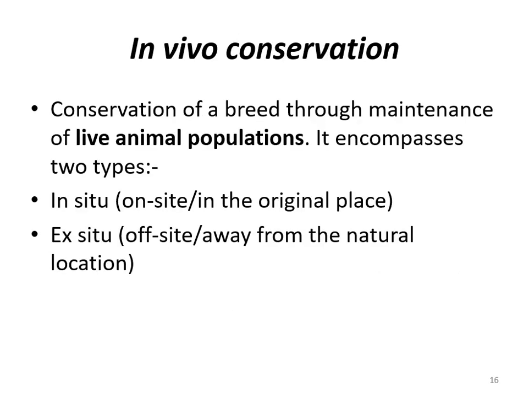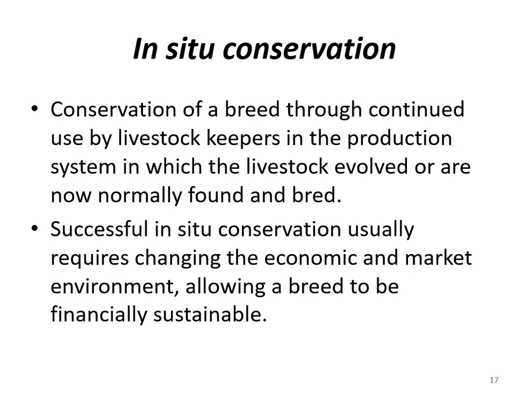We have a couple of methods for conserving animals. Conservation of live animal populations, for example, is called in vivo conservation. In this conservation, we have two types: in situ and ex situ. In situ is on site or in the original place or in the production system, and ex situ is off site or away from the production system. So in situ conservation is keeping the breed in their original production system where they evolved.